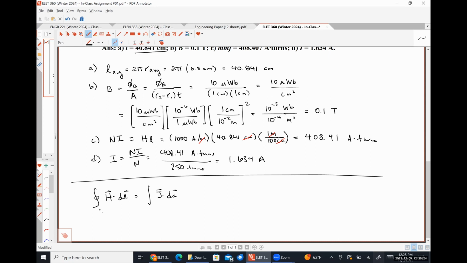Where this is a line integral and this is a surface integral, right? That's one of the first things that we learn. That's Ampere's circuital law. Okay.